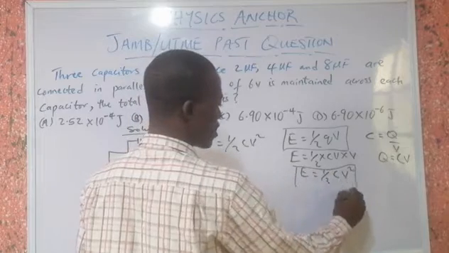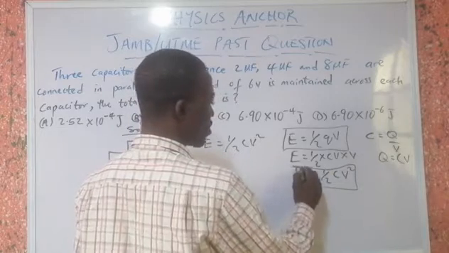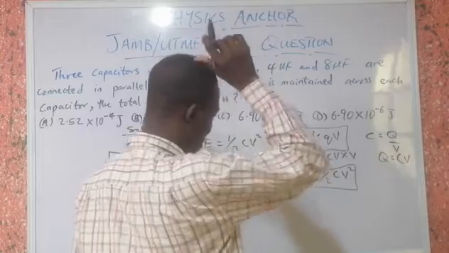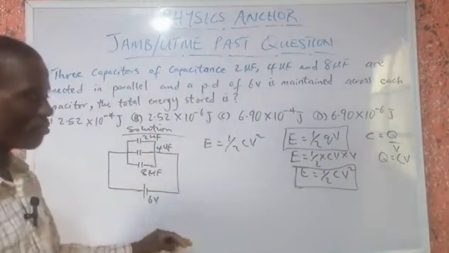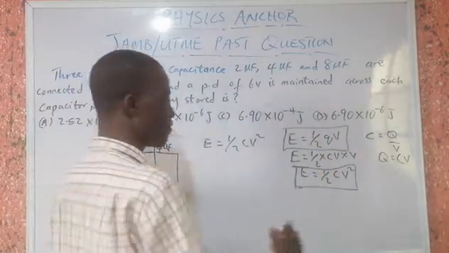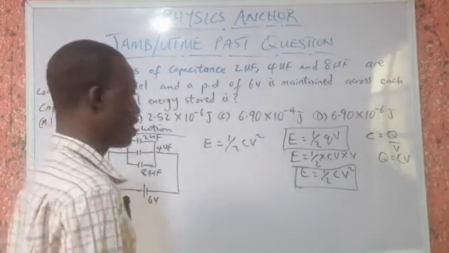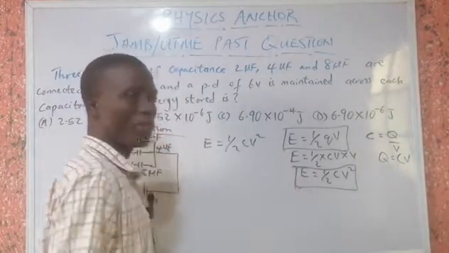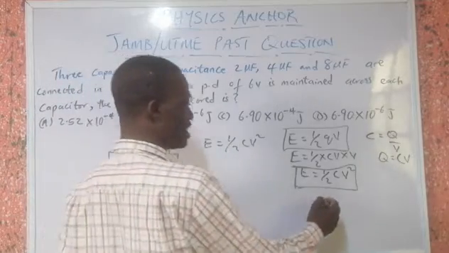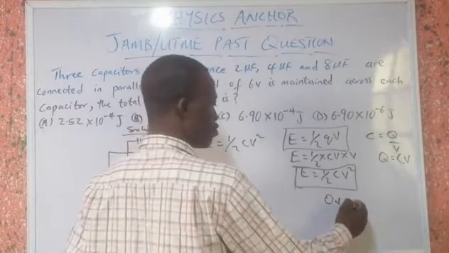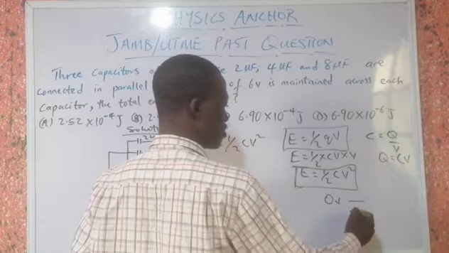And you know why it is half? That's because we are using the average potential difference across the two plates of the capacitor, because the capacitor is charged from 0 volts to the final volt.